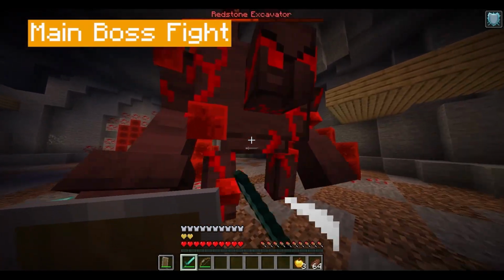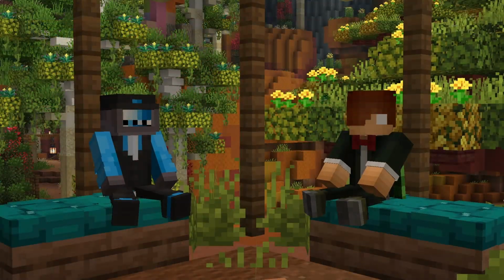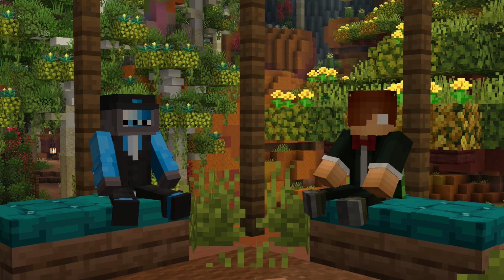The concept actually came from having discussions with Snave, who is the owner of the Animated Java booth, and playing into the story of what's going on with Summit. So the boss fight is called the Redstone Excavator, and he's a guy who digs underground and collects resources in order to fuel our three booths in that area.